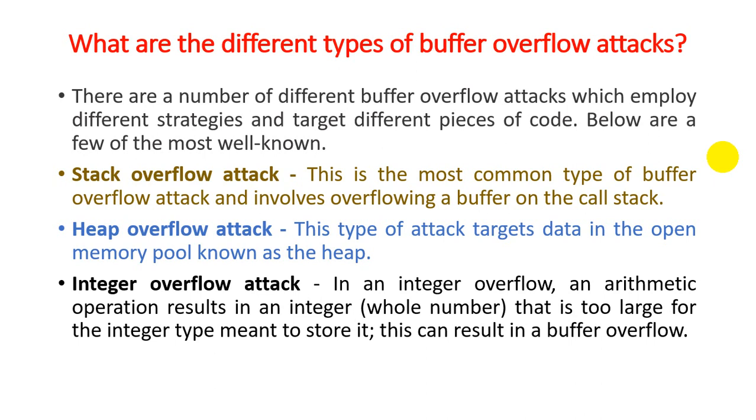I think if you have gone through basic C and C++ logic, you know that an integer data type stores whole numbers, not floating point values. This can result in a buffer overflow. If you provide a data type that can only hold two digits, then we can store just a two-digit number in that variable. So integer overflow is one of the different types of buffer overflow attacks.